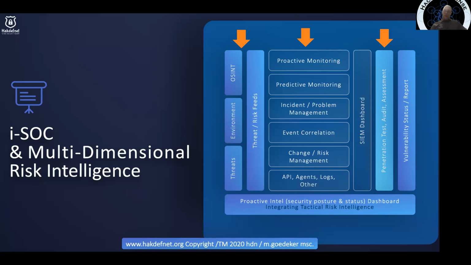And then last but not least, we find ourselves now going into what I call proactive intel, which means we're finding much more real-time and near real-time data and status about the security posture of any given IT asset, about the organization. And we now start to pull in additional information on integrating tactical risk intelligence.